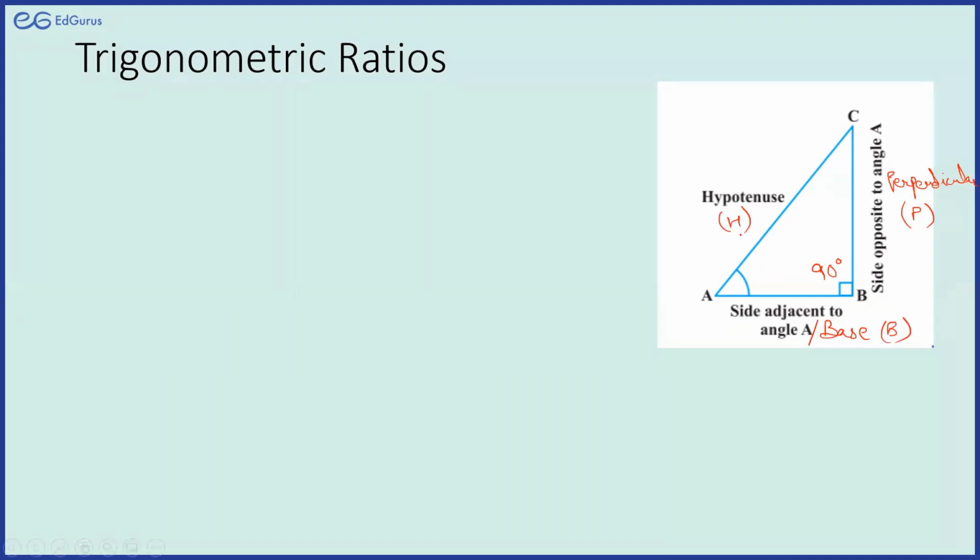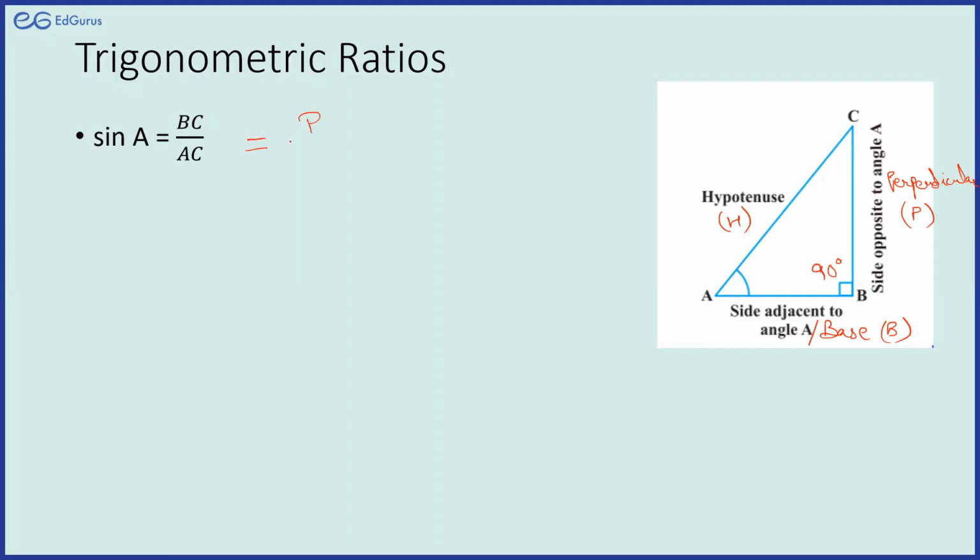Now we are trying to study some relationship between these sides. We define sine of A as BC upon AC. BC is your perpendicular, AC is the hypotenuse. So sine of A is defined as the ratio of perpendicular and hypotenuse.